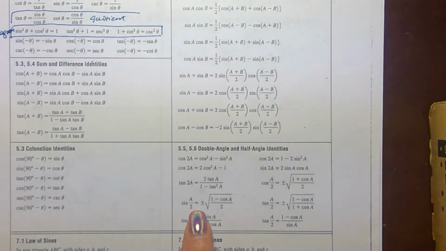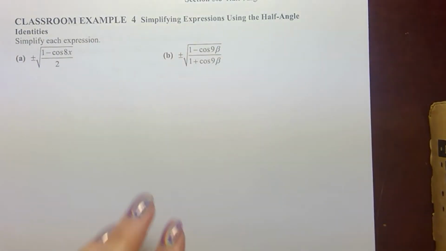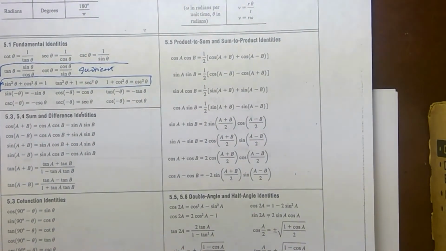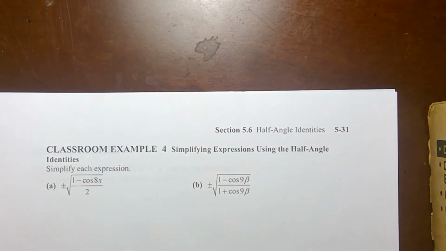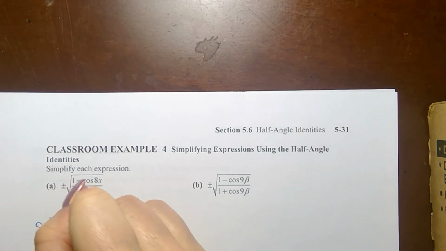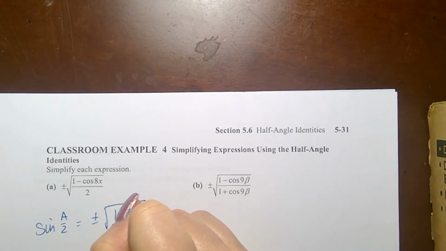You have a sine half angle, you have a cosine half angle, and you have 3 tangent half angles to choose from. When I look at A, I see that I have 1 minus cosine of 8x over 2. 1 minus cosine A over 2 right there. That is a sine half angle identity. So let's go ahead and write that down. Sine of half angle is plus or minus square root of 1 minus cosine A over 2.